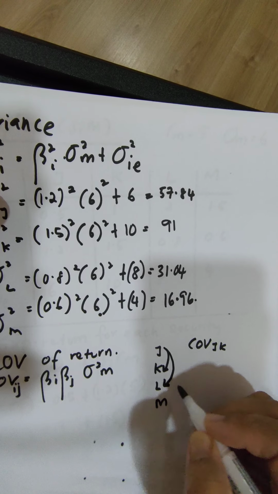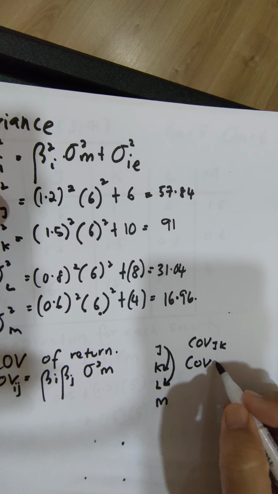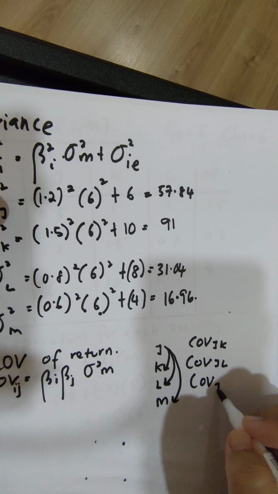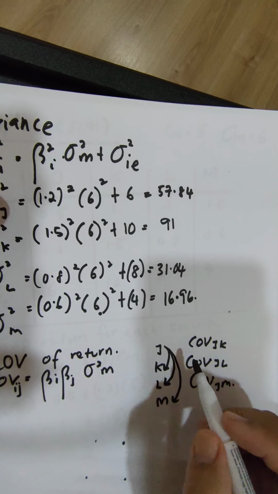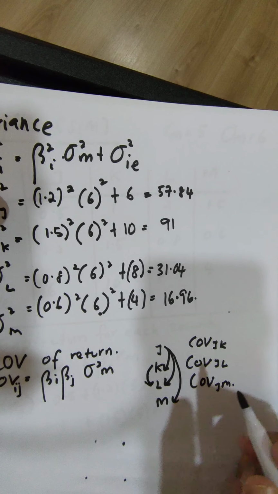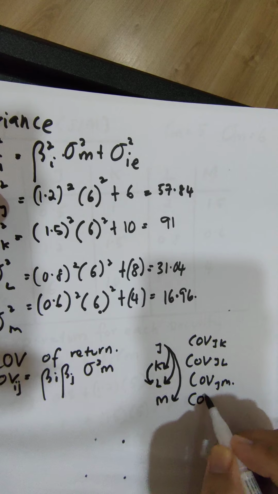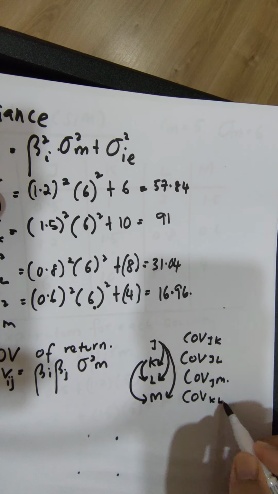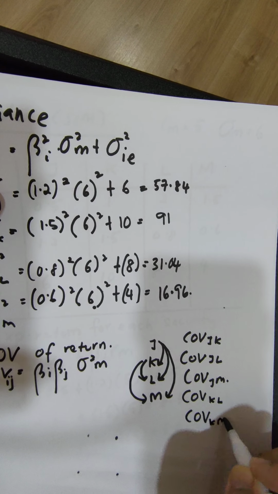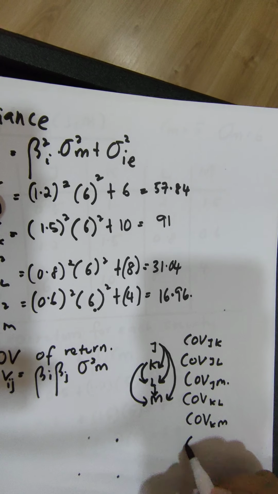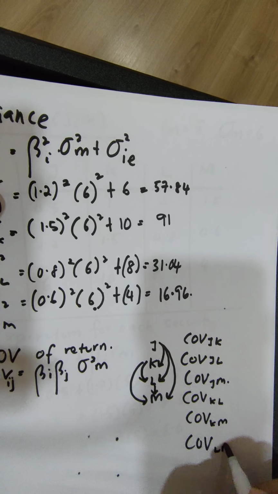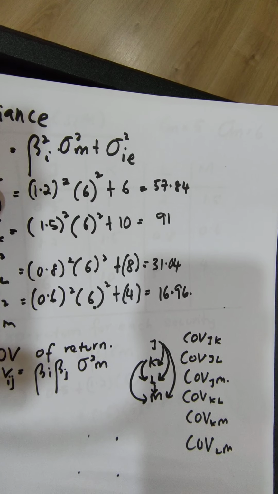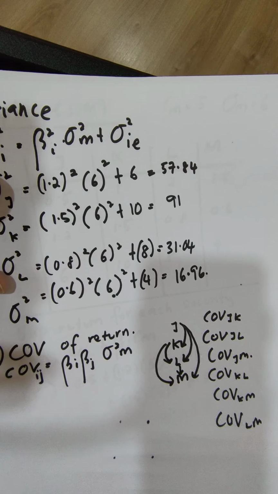The next one is covariance for JL. Next one is covariance JM. Next is covariance for KL, covariance of KM, and last but not least, covariance for LM. So you have 6 pairs of covariance to be calculated altogether.